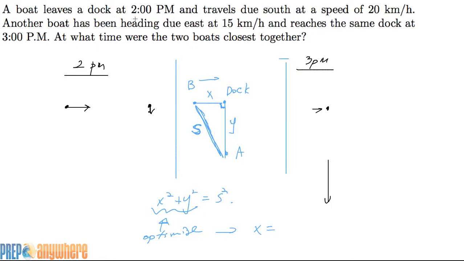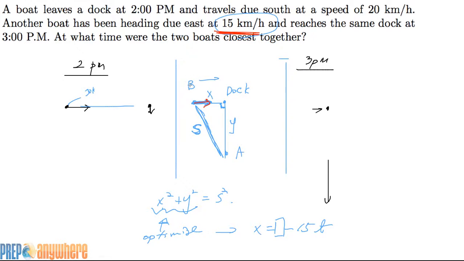So it tells you that it's traveling at 15 kilometers per hour. It's got to be minus 15t. In 1 hour, right? So, Chris, you said 1 hour.